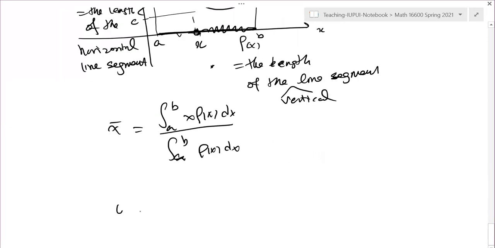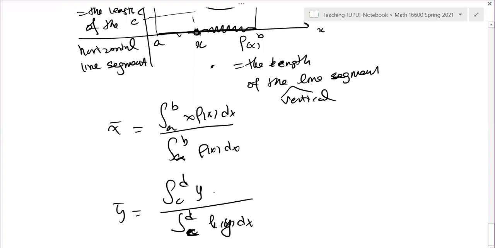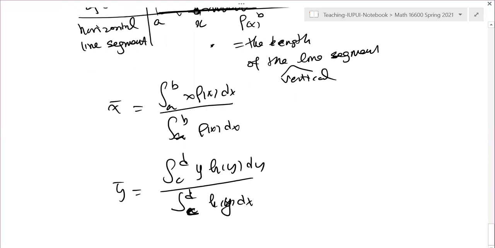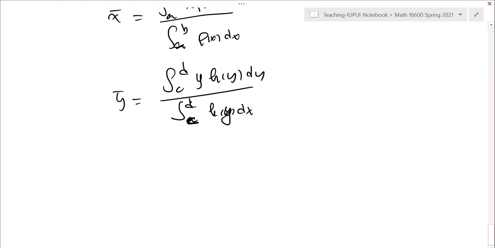Then y bar is going to be the integral from c to d of y h(y) dy. But now you have two different variables. That's okay, in some problems you don't need to use the same variable. So this is an idea to find the center, but I'm talking about another formula later.